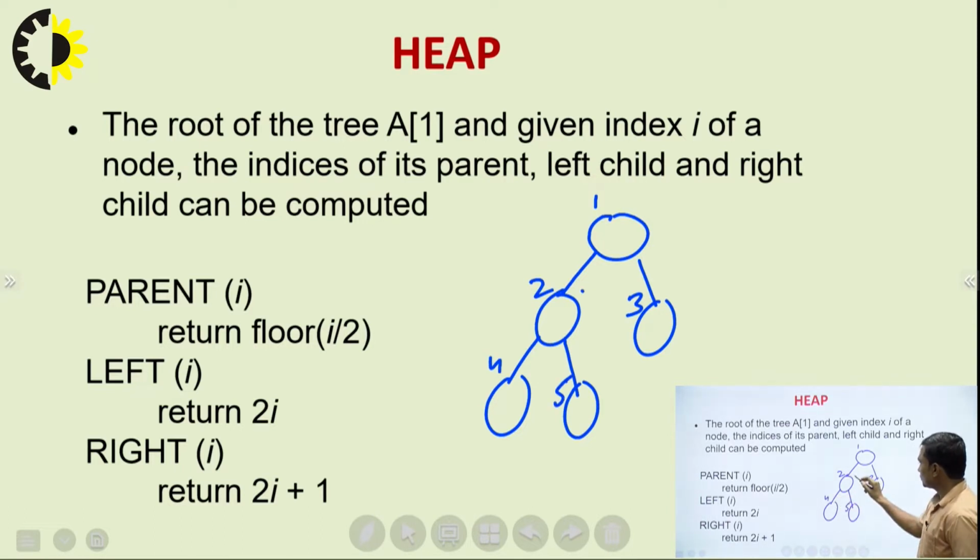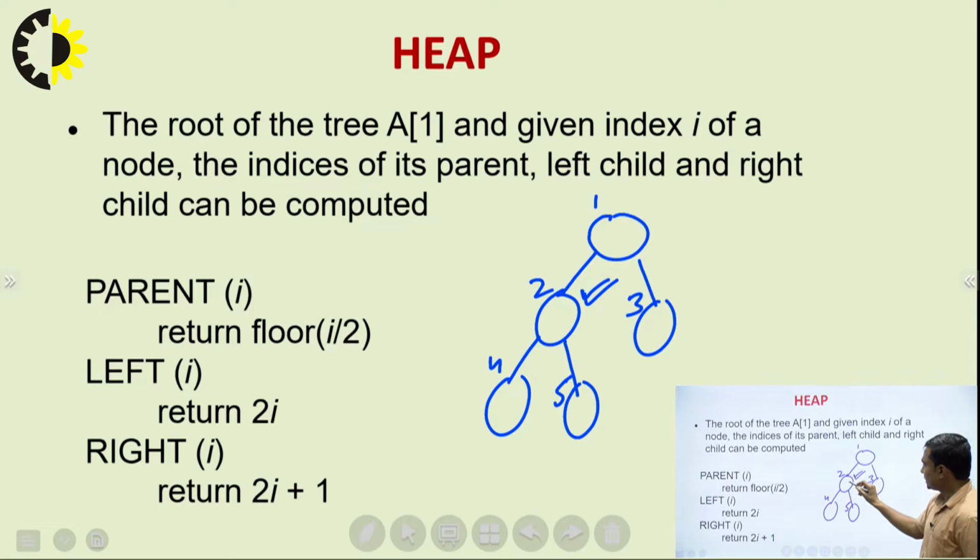I am taking this node at the second position, and I want to find the parent of this node, its left child, and its right child. I want to find at which index in the array these parent, left, and right children will be available. We use the index because physically it is stored in an array.